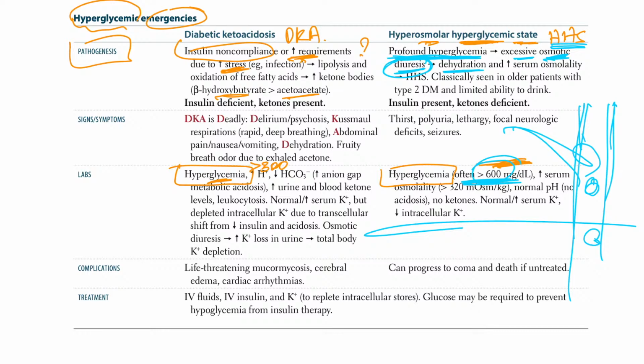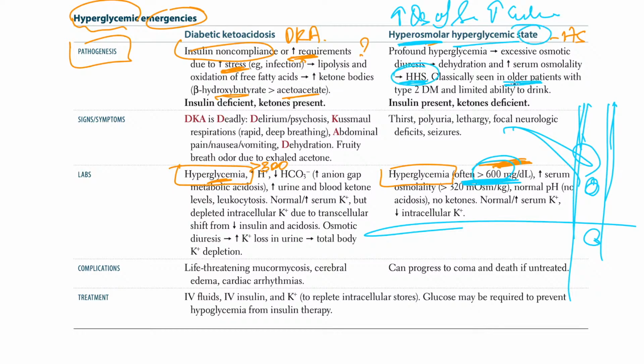And when you dehydrate, you don't have free water in the serum, so your osmolality of the serum is going to go high, right? And that is going to lead to, as the name suggests, hyperosmolar: there's increase in osmolality of serum. Hyperglycemic: you got increased glucose level in the serum. State is the state, HHS.